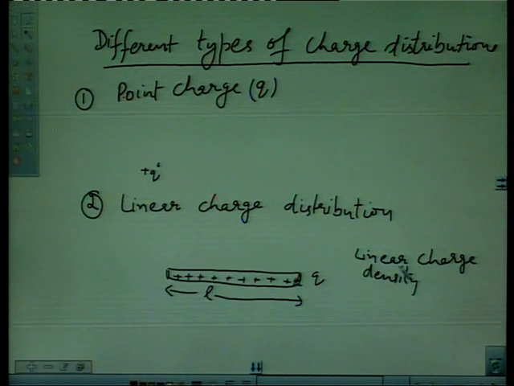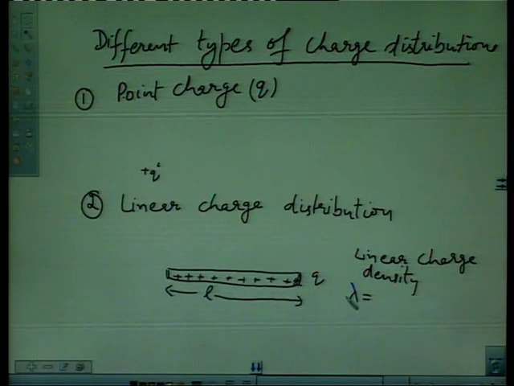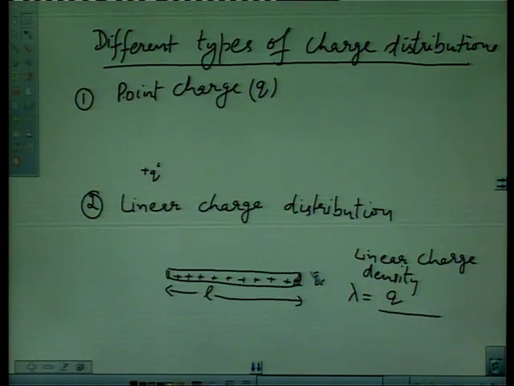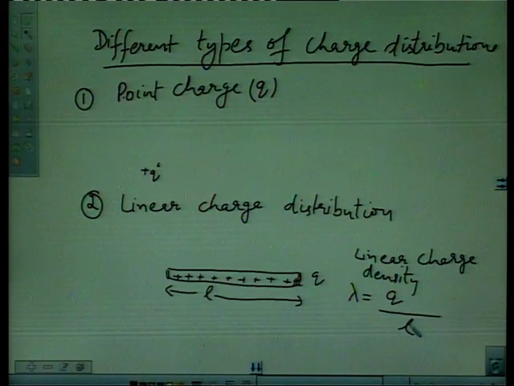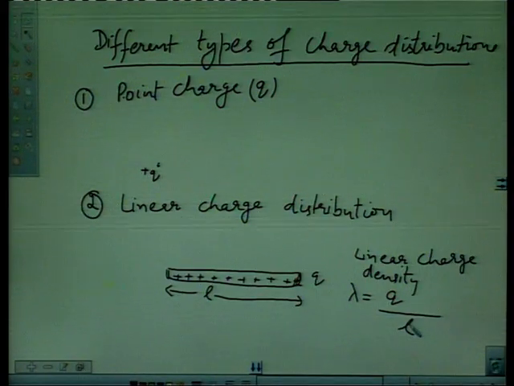The charge is uniformly distributed, hence the charge density will be same at any point. So, lambda is linear charge density, equal to total charge q upon the total length of the conductor L. So, lambda is equal to q upon L.